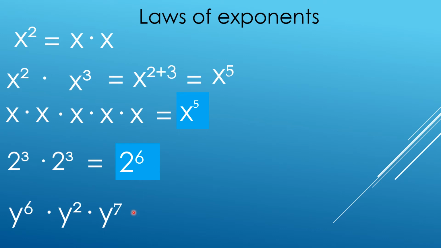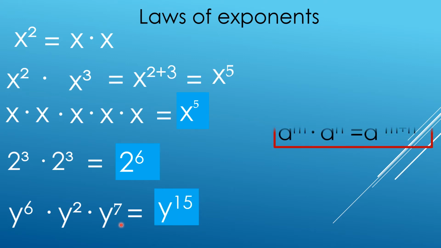Now, if you want to try this, you can pause the video. So I have here y to the sixth power times y to the second power, or y squared, times y to the seventh power. So I'm just going to copy the base and add all the exponents. 6 plus 2 is 8, plus 7 is 15. So therefore, my answer is y to the 15th power.